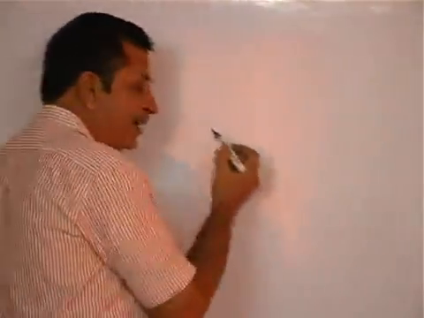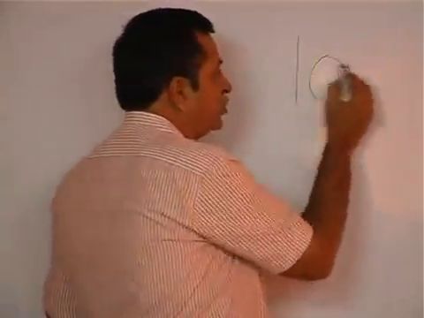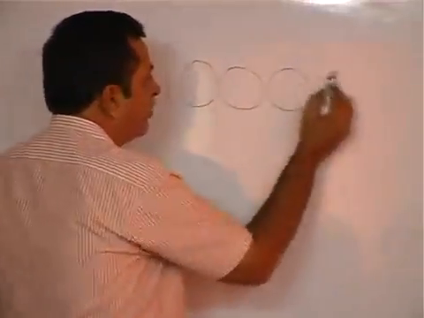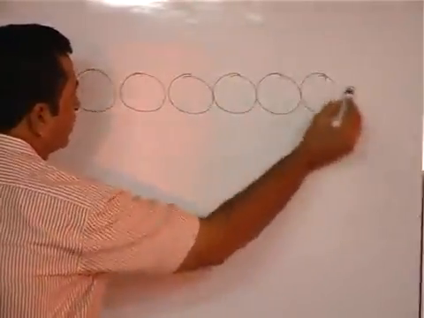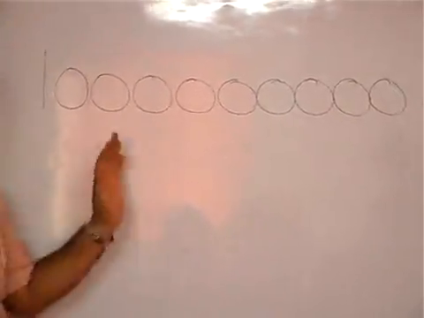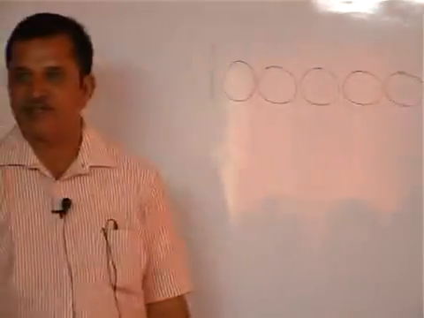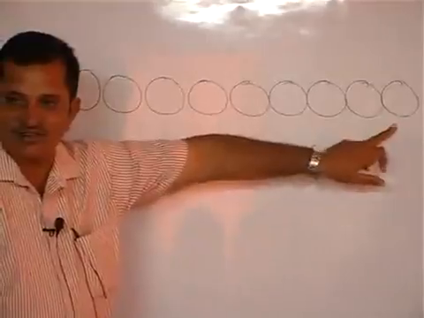I will assume the 10-digit number as 1, 2, 3, 4, 5, 6, 7, 8, 9, 10, starting like this. Last digit equals the number of zeros, is it not?